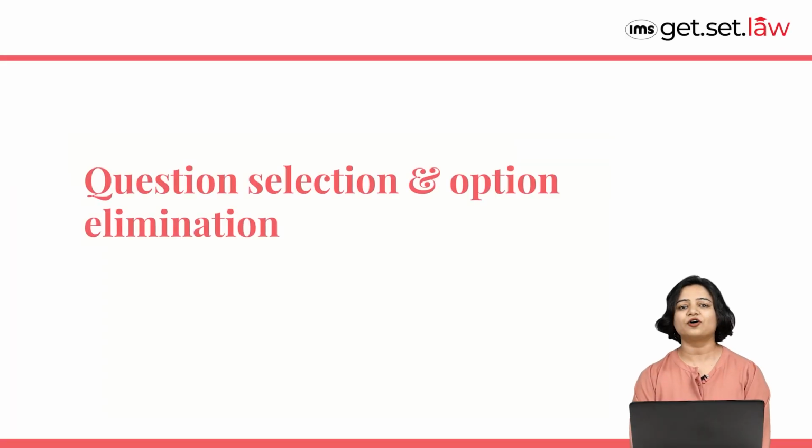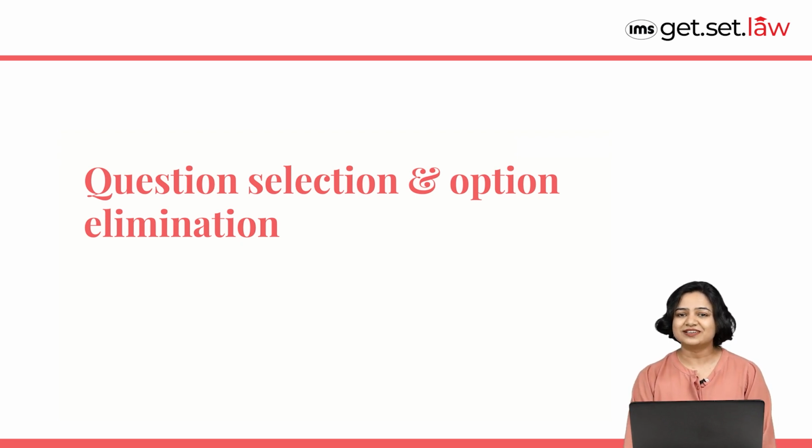Question selection and option elimination. Now, every serious student definitely knows how and when to select a question. Which kind of question is my kind of question and which kind of question is not my kind of question. That means you not only have complete awareness of the pattern of the paper, but you also have very good awareness of your own skills.